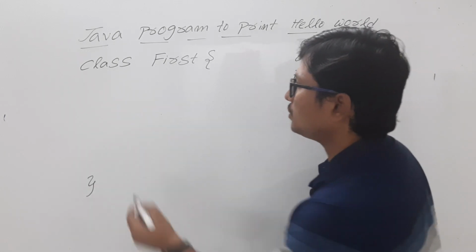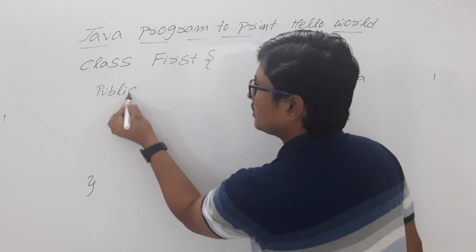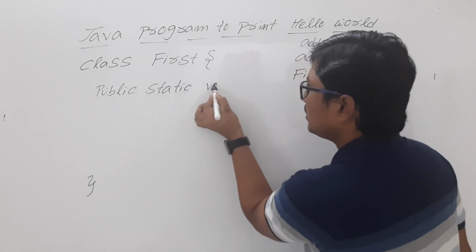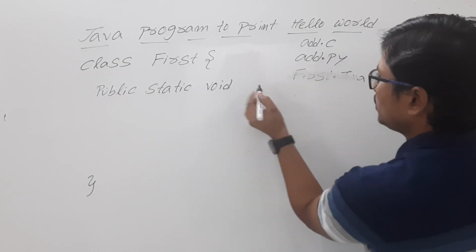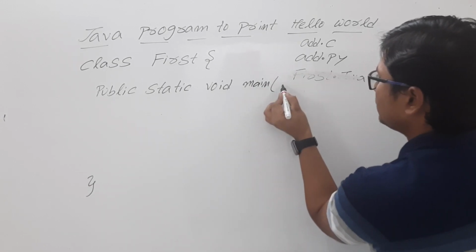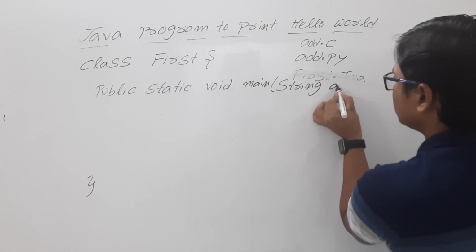Next, you need to write a statement: public static void main, then you will have String args.